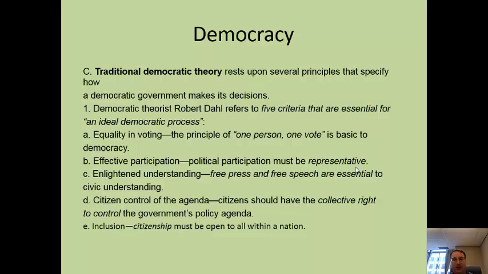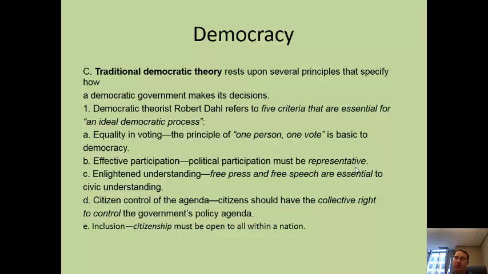Participation and effective participation. You have to participate, and your participation has to be representative of the different constituencies and the people that make up the democracy. Free speech, free press are essential to providing understanding of knowledge, ideas, how the government is functioning, problems, successes, those kinds of things.